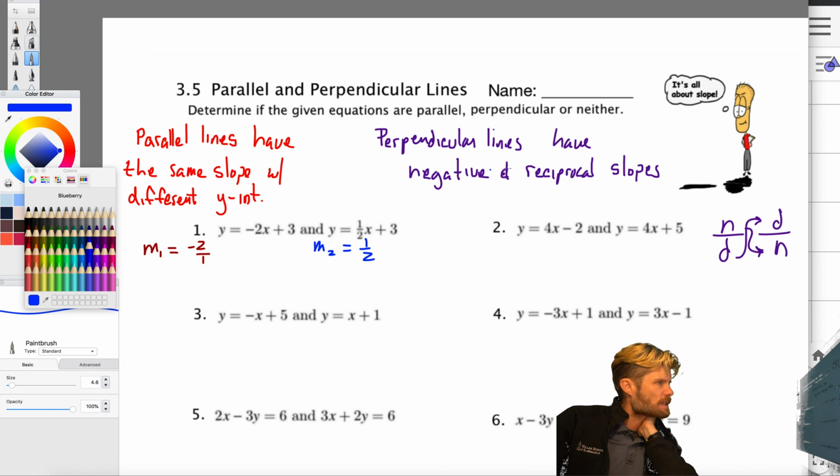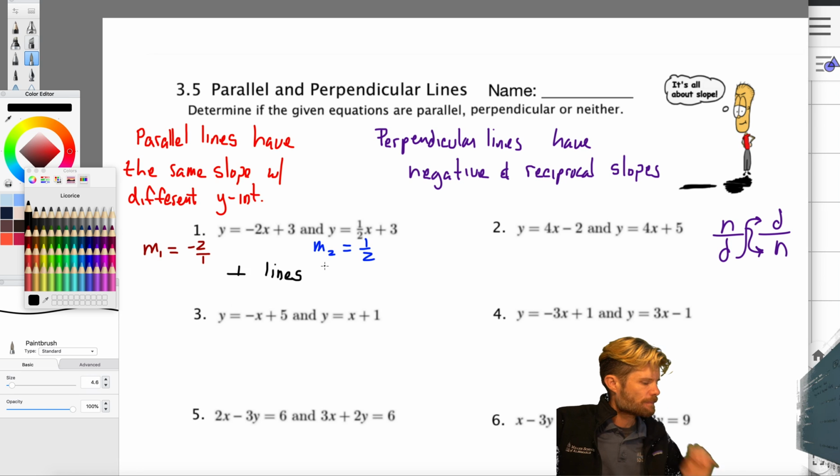They're both reciprocal. Got to have both of these conditions. So these are perpendicular lines. And that's my perpendicular symbol. Looks like that. That's ugly. And there it is.